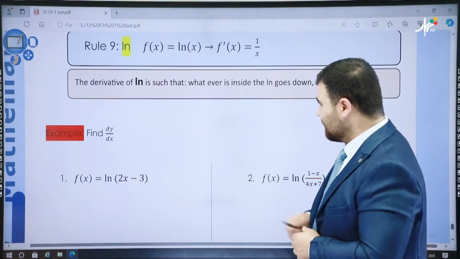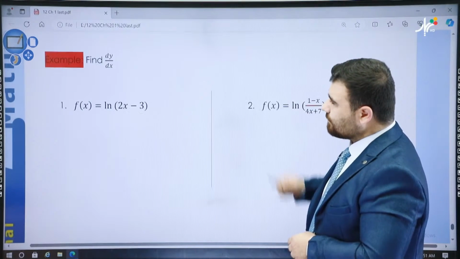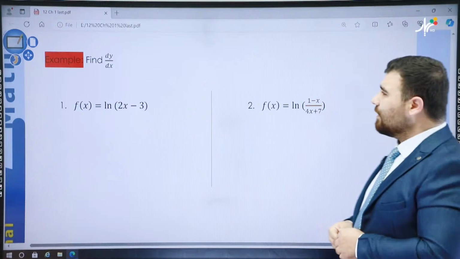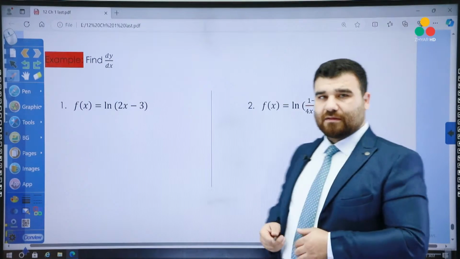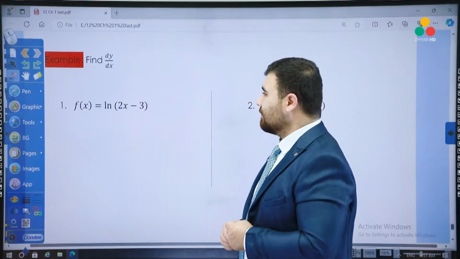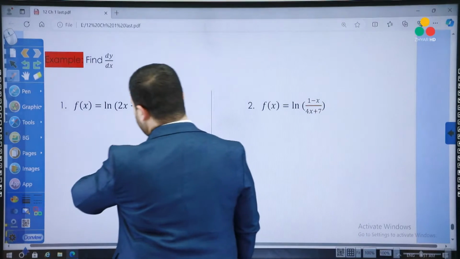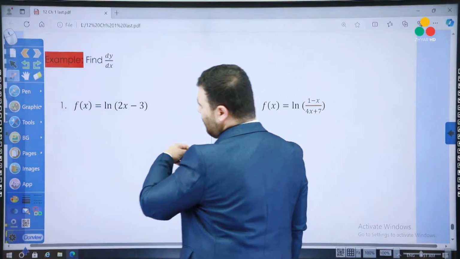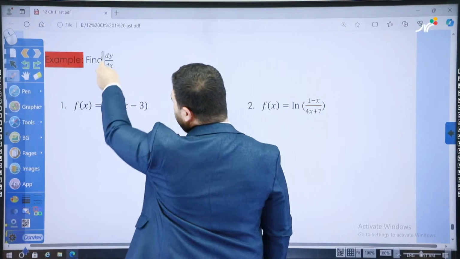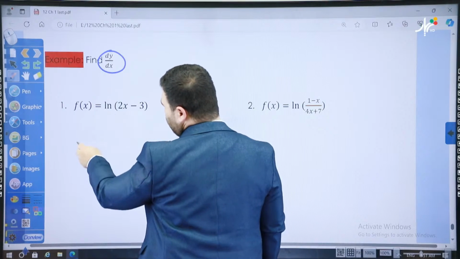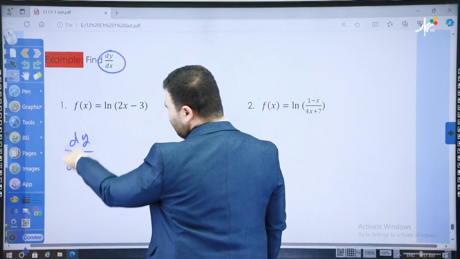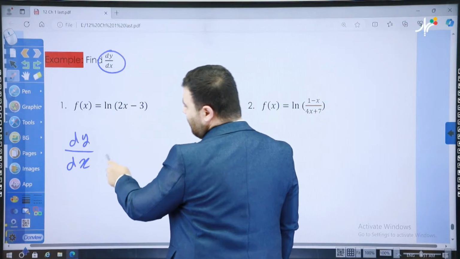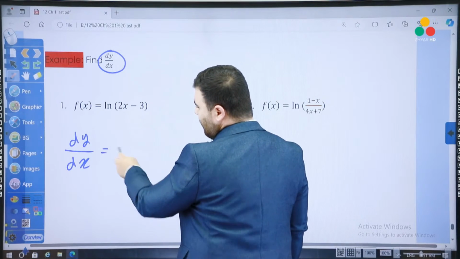Look at this example. Find dy by dx. Find dy by dx means find the derivative. Now let's find the derivative. Ln of 2x minus 3. The question asked in the form of dy dx, so we answer in the form of dy dx, although it doesn't change anything, it's only a name.